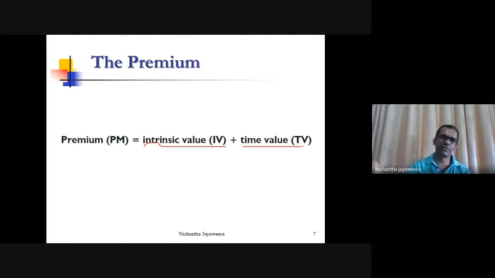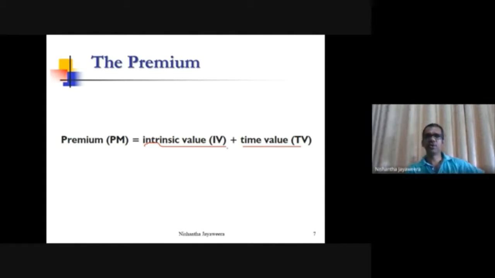Because of time to maturity, there's uncertainty in the market, whether prices are going up or down, whatever the volatility, that will give a value to the option. That part we call time value. The difference between the spot price and the strike price will be reflected in the intrinsic value.